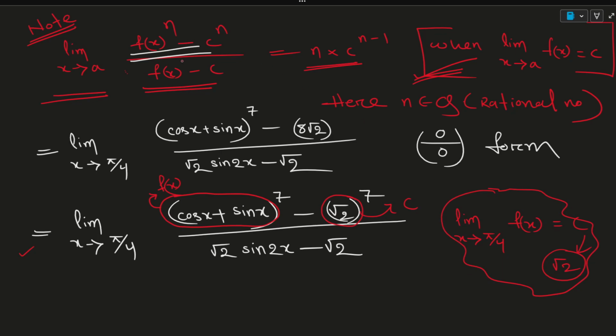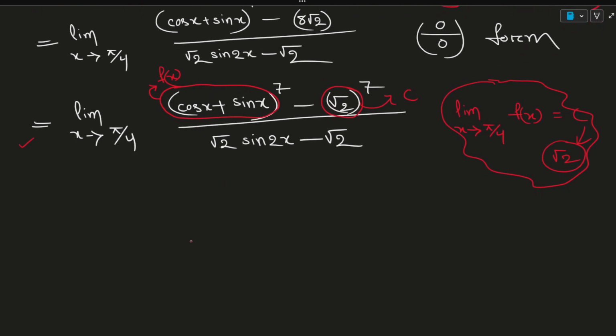In order to apply this result, I have to make sure that the denominator is also in the proper format. It means I should have f of x minus c in the denominator of the numerator here. So I will divide the numerator and denominator by f of x minus c, which is cos x plus sin x minus root 2.